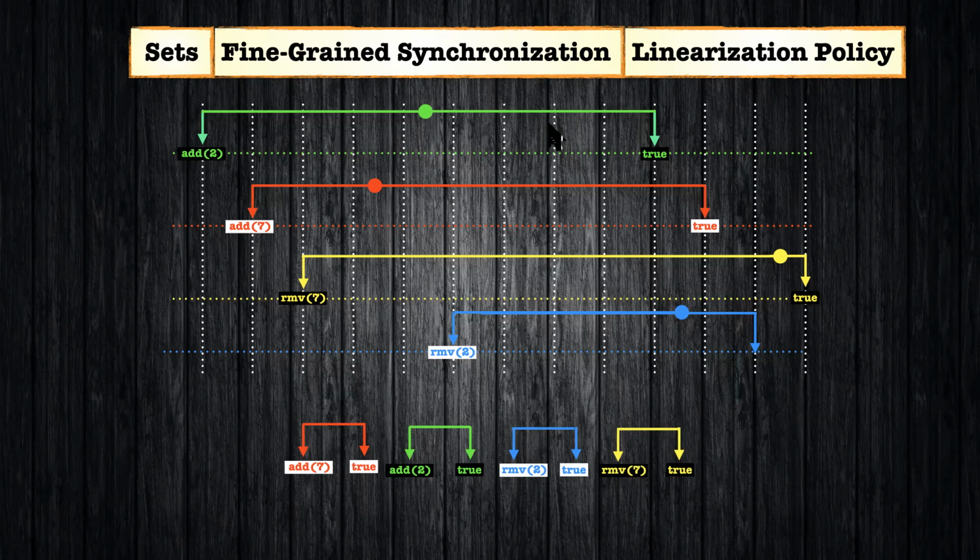So from the concurrent program, we got a concurrent history. From the concurrent history, we got a sequential history. And from the sequential history, now we can get a trace. So this completes the picture in a nice manner.